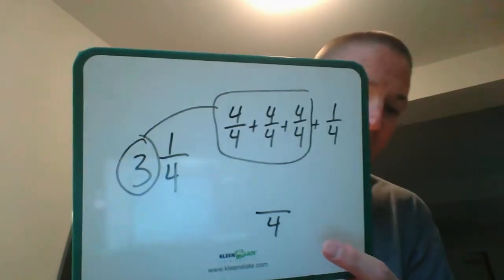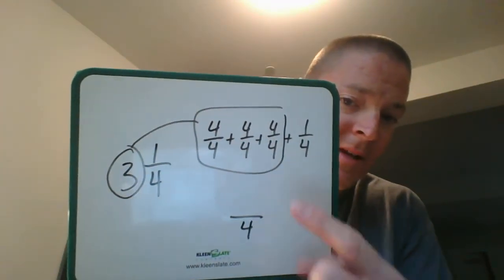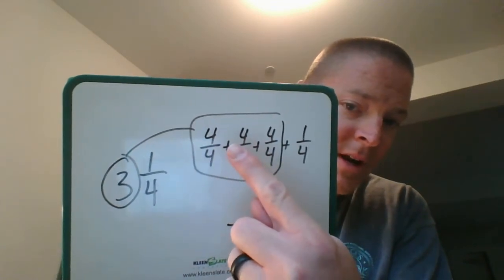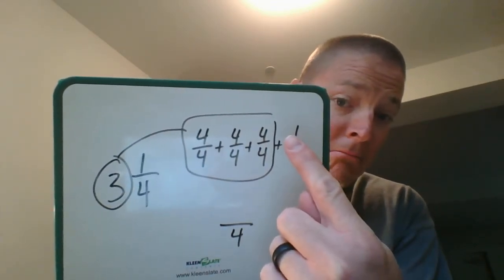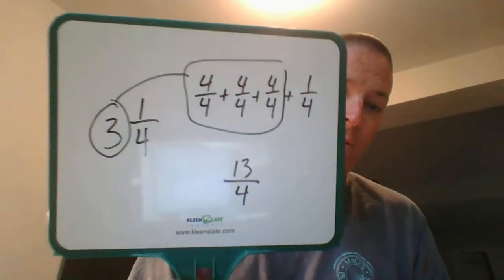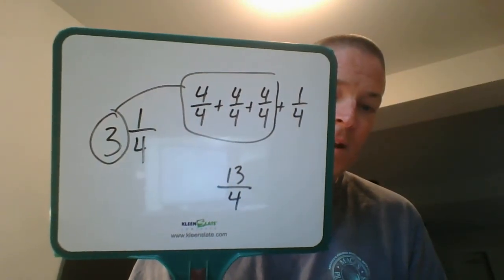So I know that when I get my answer, it's going to be out of fourths because I already have that denominator. So let's go ahead and add 4, 8, 12, 13. So then my total there is going to be 13/4.